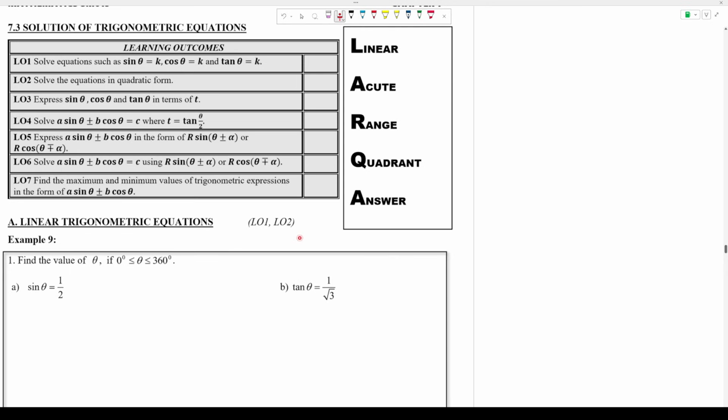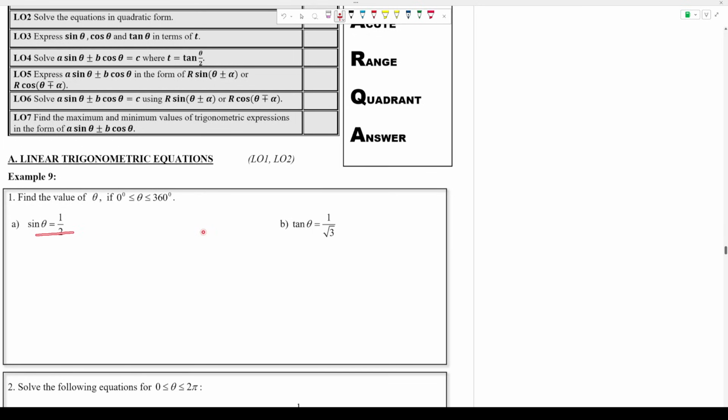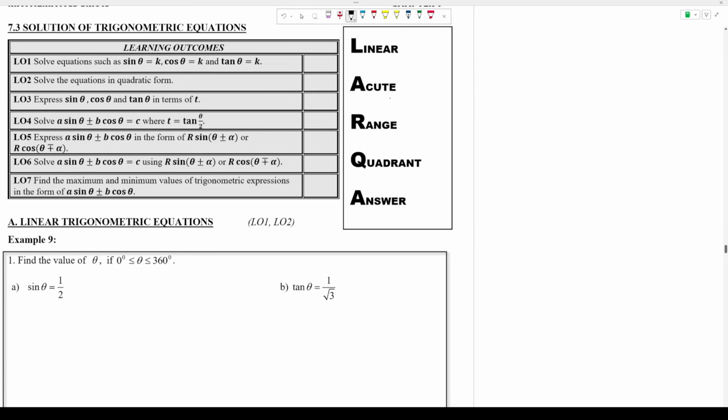First, linear. For example, the equation sine theta equals 1 over 2. Linear means the equation is in the form of sine, cos, or tangent. If you have an equation like sine squared theta equals 1 over 2, you have to make it linear first.